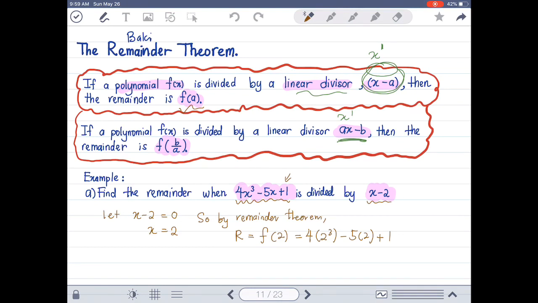So the final answer should be, let me see. I need a calculator. So this is just 4 times 8 minus 10 plus 1.